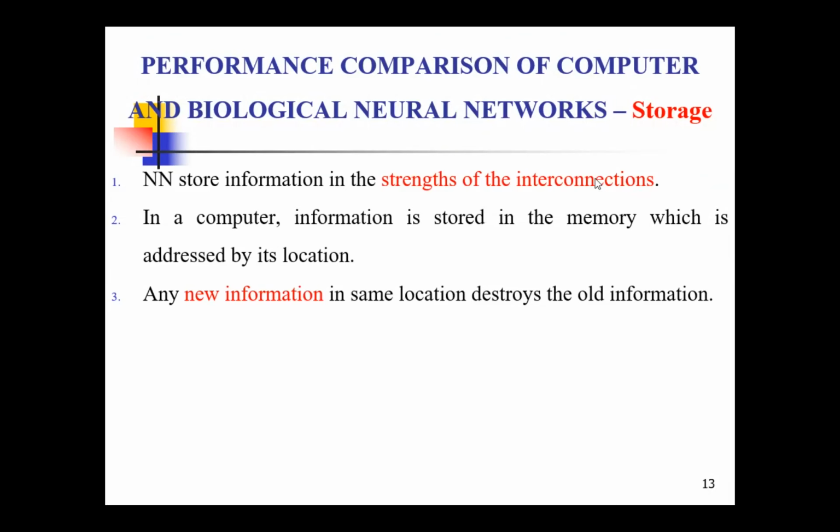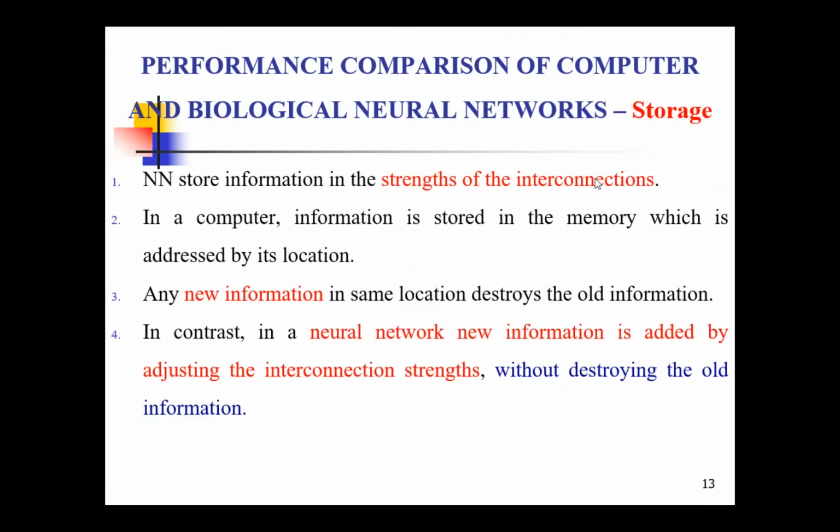I am receiving new information, and that information I am going to store. If I provide a memory location and there is any previous data in that location, it will be replaced by the new information. But in the case of a neural network, the information is added by adjusting the interconnection strength without eliminating or destroying the old information.